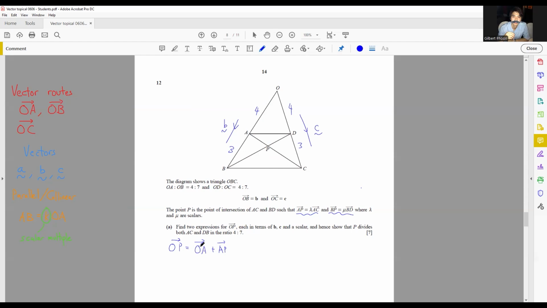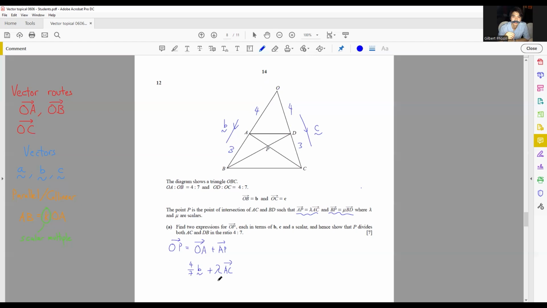Okay, OA plus AP. Then let's simplify it from here. O to A is actually 4 over 7 of O to B, which is small b here, right? Plus A to P is given here as lambda A to C. To break down AC, A to C is actually this way, okay?